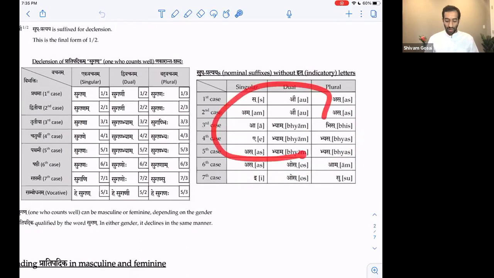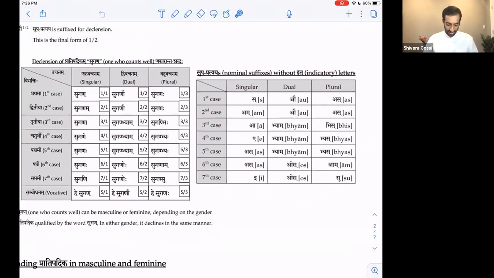This chart is without the it letters. So when we're doing these consonant ending nouns, halanta-subantam, we're just doing Sanskrit math, right? We just take the pratipadika, sugan, and we're just adding all of these 21 forms.